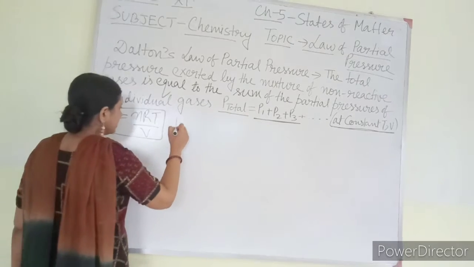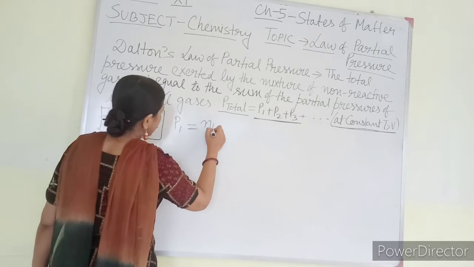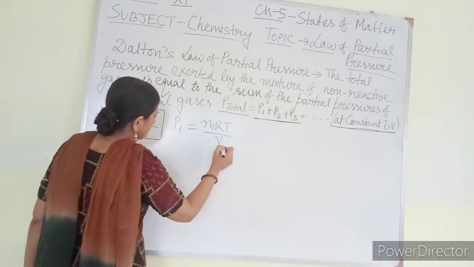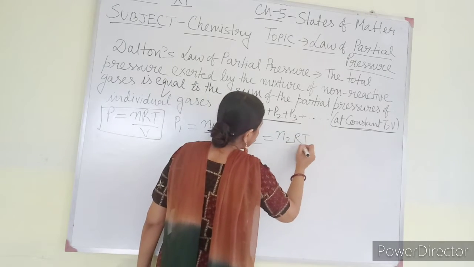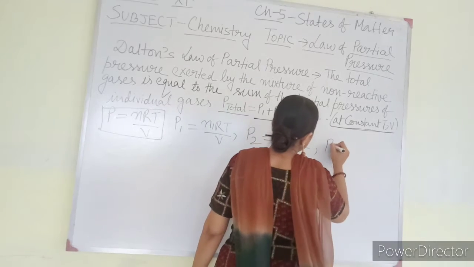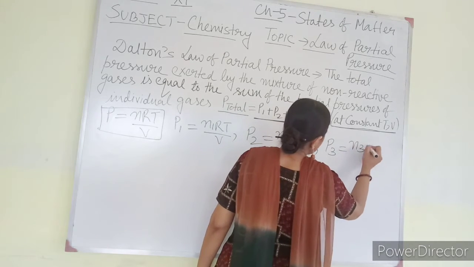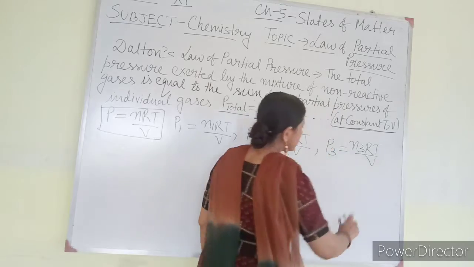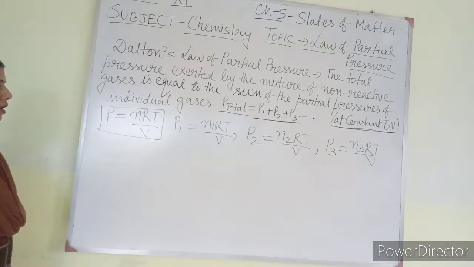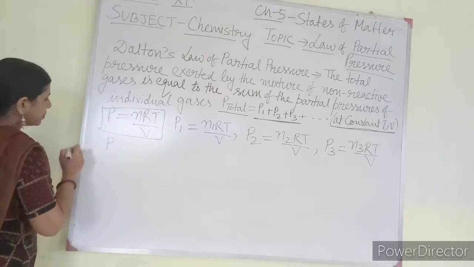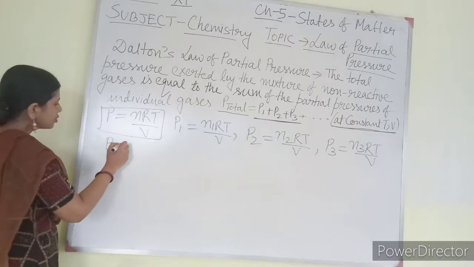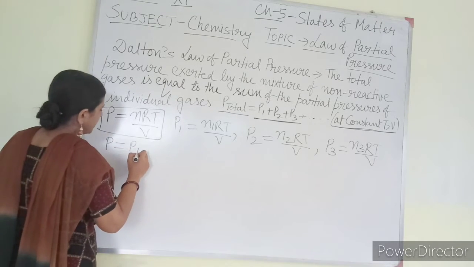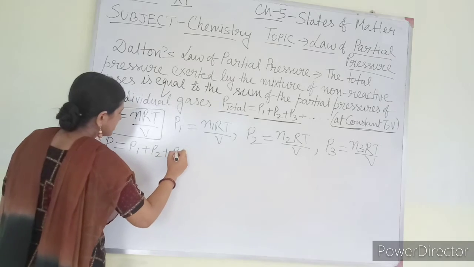So I can write P1 equal to N1RT by V. Similarly, P2 equal to N2RT by V, and P3 equal to N3RT by V. Now, according to Dalton's law of partial pressure, P total equal to P1 plus P2 plus P3.